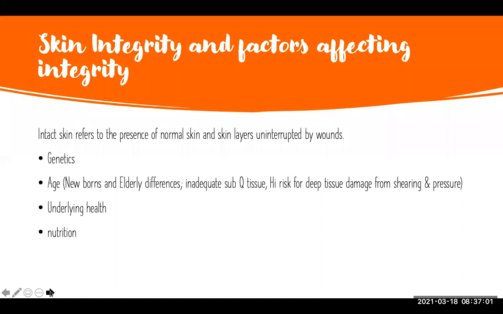Underlying health, chronic conditions, many chronic conditions can affect the integrity of the skin. And as we go along, you'll see different examples of that. And then nutritional status. The skin needs to be provided with certain minerals and vitamins and calories and proteins to regenerate and continue to be intact.